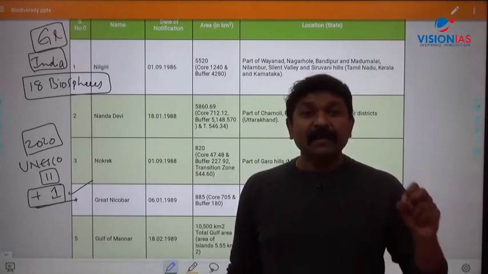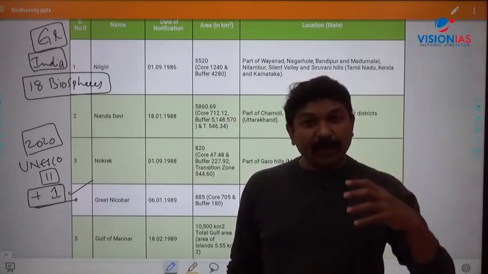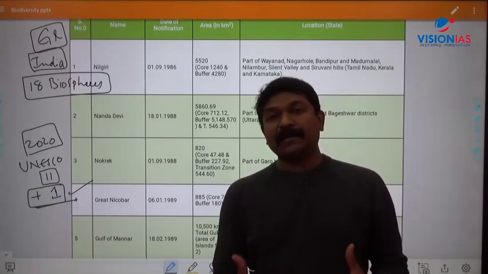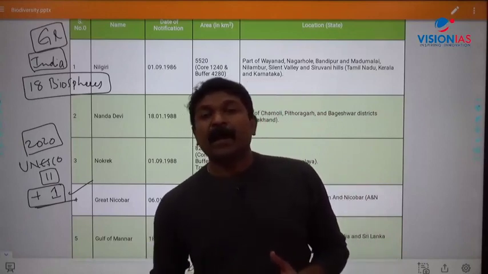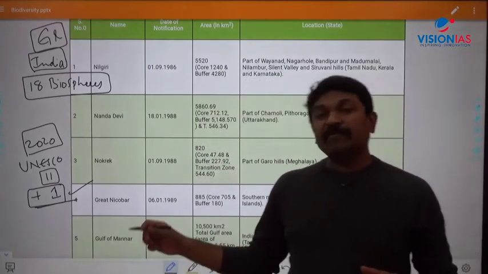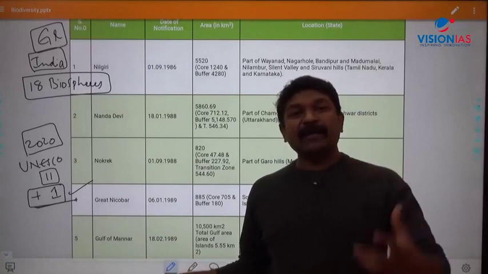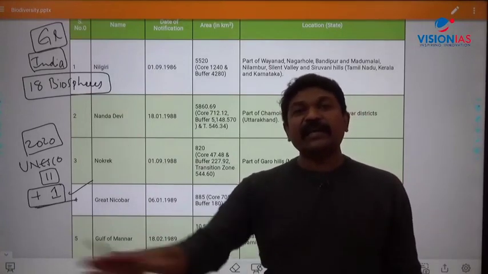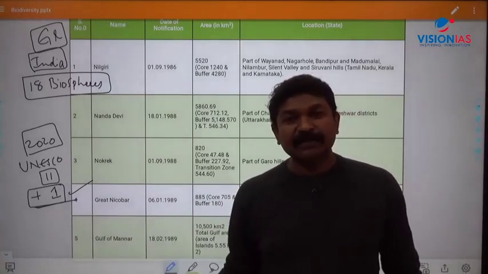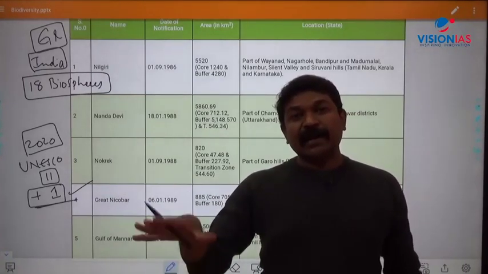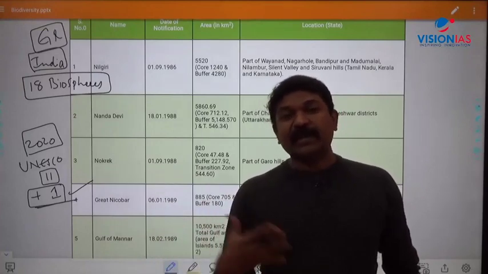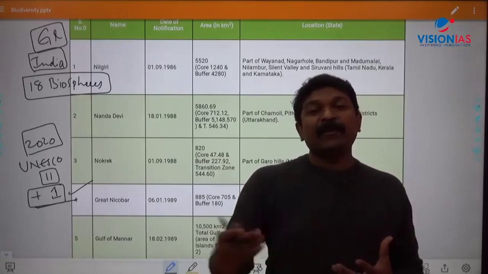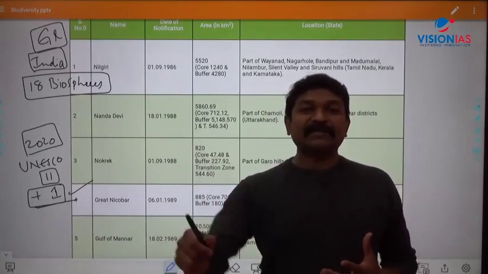Is it clear? What is important is what type of latest developments are there. Under the United Nations program, UNESCO keeps on announcing biosphere reserves. First, the respective countries have to decide which areas have rich biodiversity. After those countries have selected some biosphere reserves, UNESCO checks whether the right sites have been selected or not.